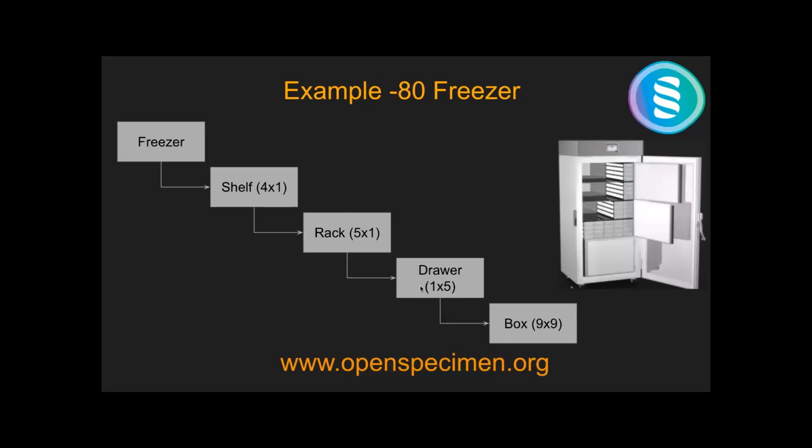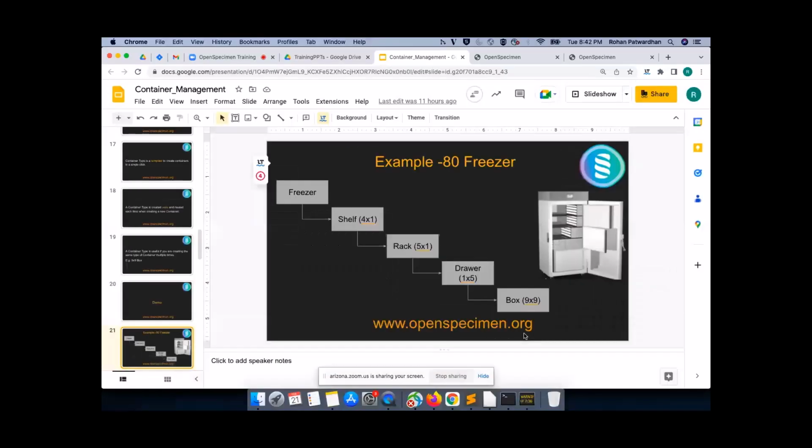Then multiple drawers can be placed within a rack. Within each rack, I can store five drawers, and within each drawer, I can place a certain number of boxes. This is one example that I will be demonstrating now.